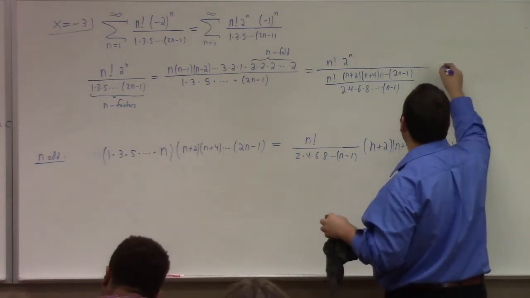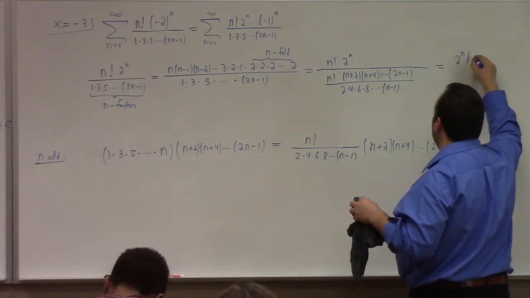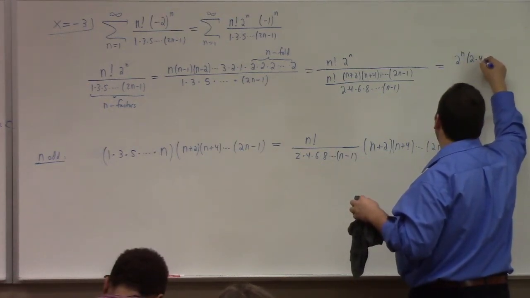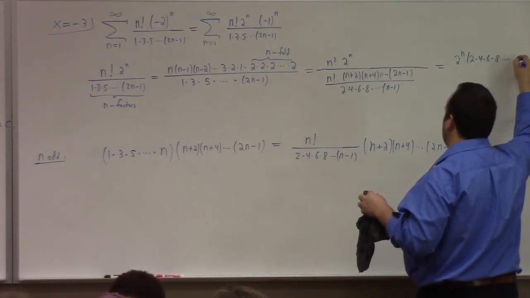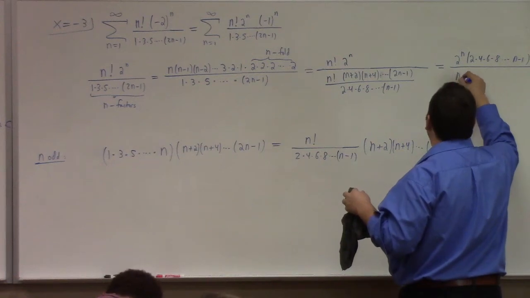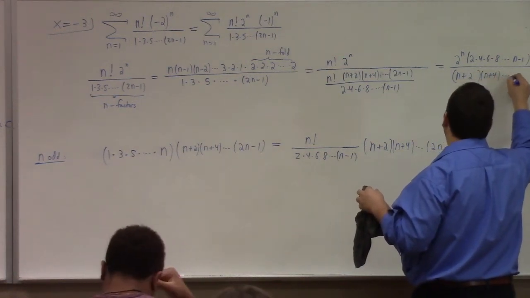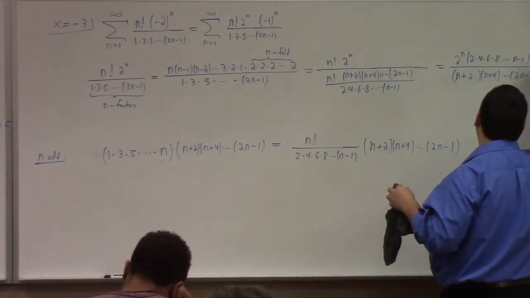The n factorials cancel, and what are we left with? 2 to the n times 2 times 4 times 6 times 8 times ... n minus 1, divided by what? n plus 2 times n plus 4 times ... 2n minus 1.